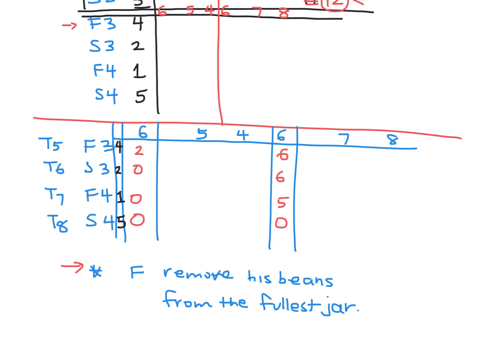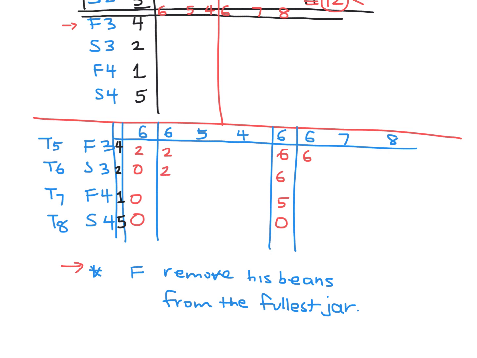Now let's try this 6 scenario again, but let's see what we can do to make it possible for him to win. If he starts off by removing the first 4 from the same guy like this, so it becomes 2 and 6. And then Sarah removes her 2 from the other one.